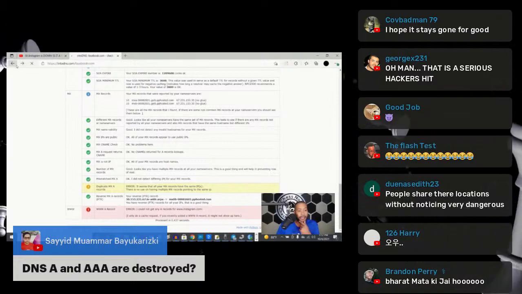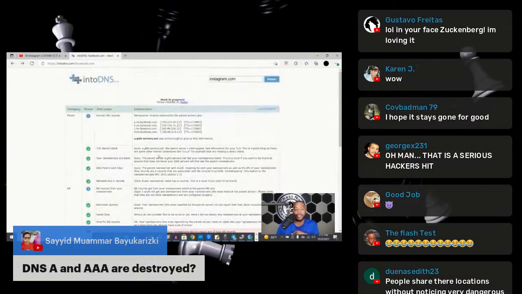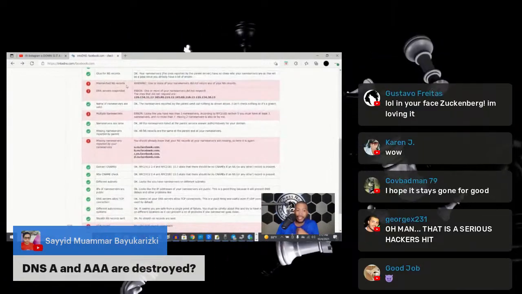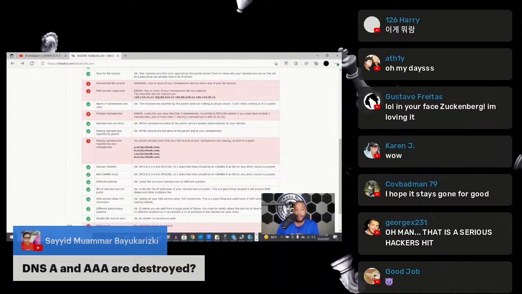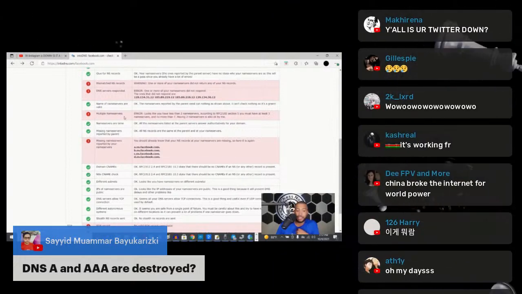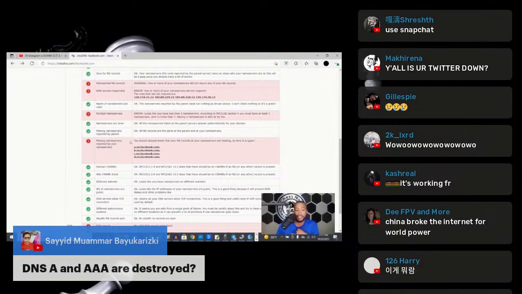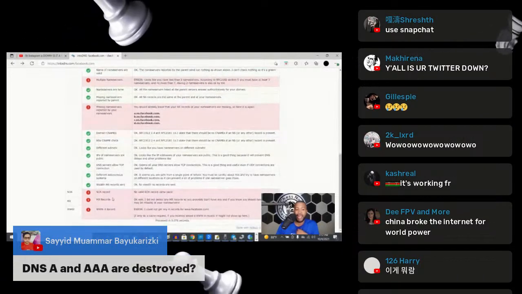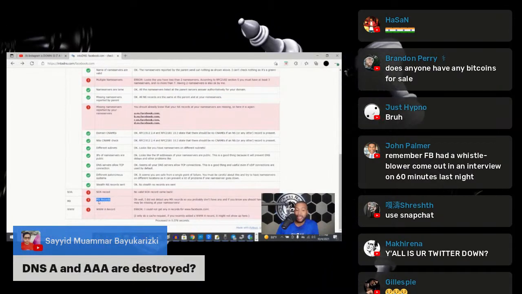So if we go back to Facebook, there are all kinds of problems with their DNS records. Mismatched NS records. DNS servers not responding, right? We got multiple name servers, which is horrible. We have missing name servers reported by the name servers. We got a missing MX record, which controls the emails of a website.